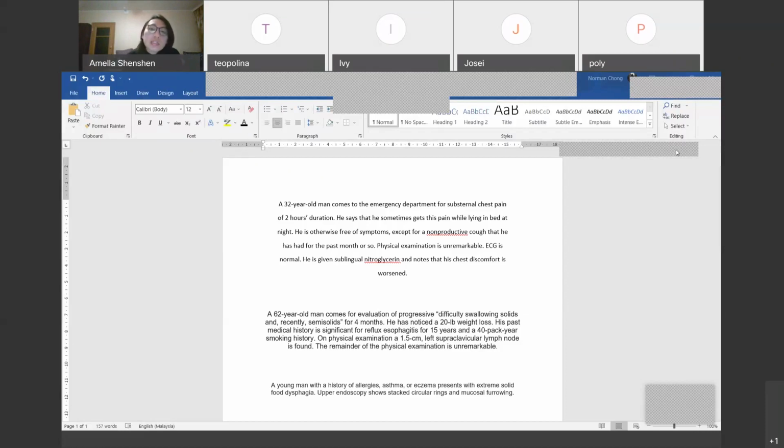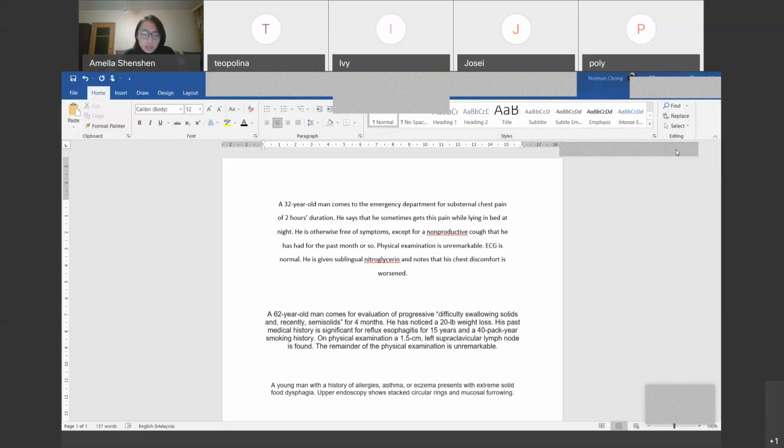A physical examination is unremarkable. ECG is normal. He's given sublingual nitroglycerin. So giving nitroglycerin simply means that the medical personnel, the EMT, the emergency medical team, is thinking of angina, right?